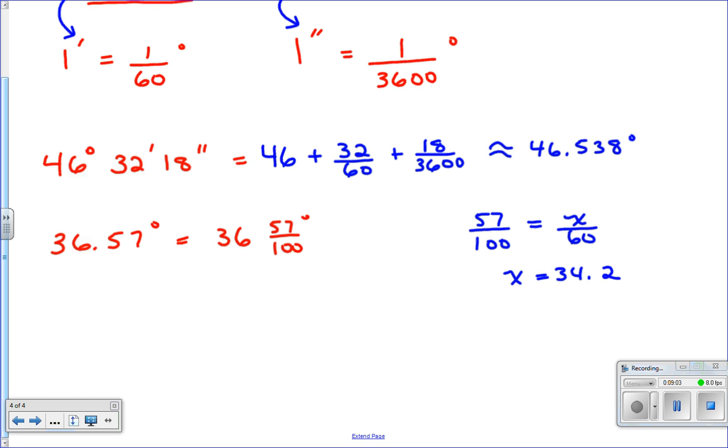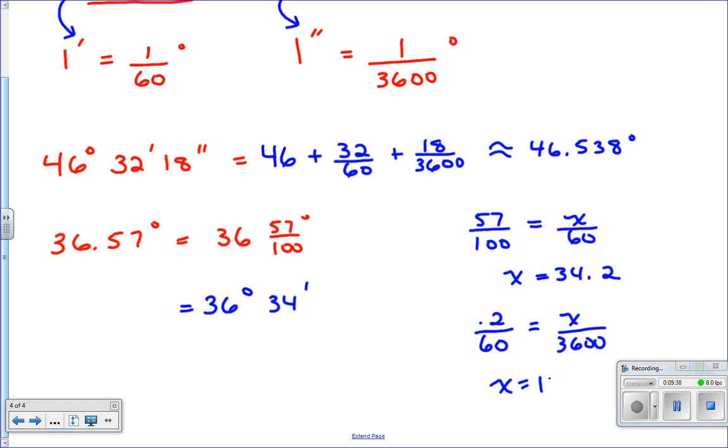So I've got 34 minutes, and I'm going to take that 0.2 and convert it to seconds. Okay, so I've got 36 degrees, 34 minutes, and now I want to turn that into seconds. Well, 0.2 minutes is equal to how many seconds? And I can set up a proportion like that, and really I'm just multiplying that 0.2 by 60, and I'll get x equals 12.